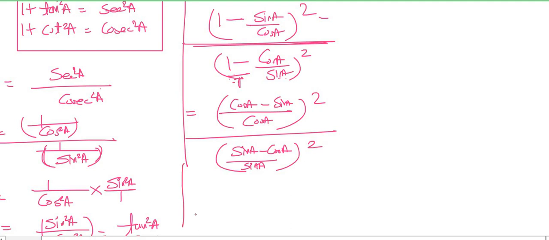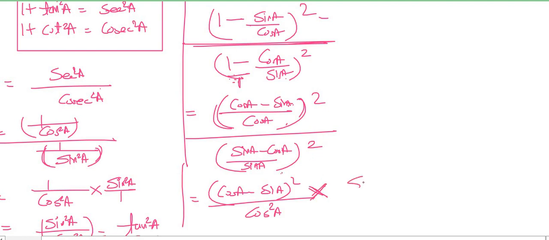I feel that the denominator we will flip. Let me see. Cos A minus sin A square by cos square A into, this is numerator, square will go to both, into this we will flip, sin square A by sin A minus cos A square.